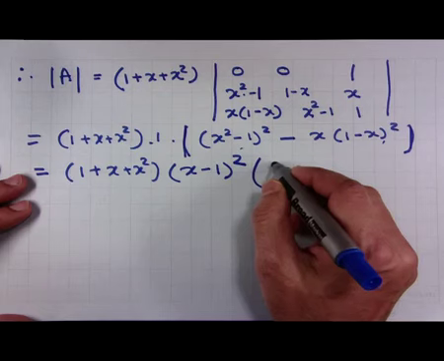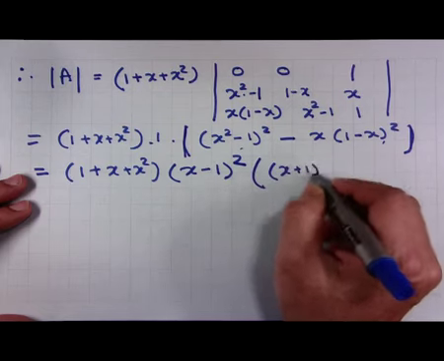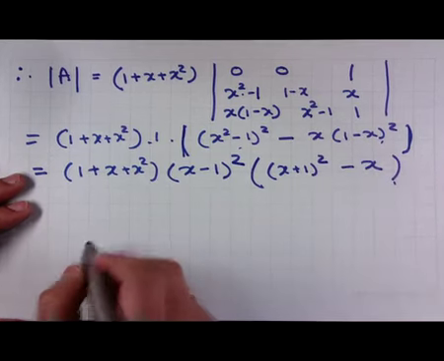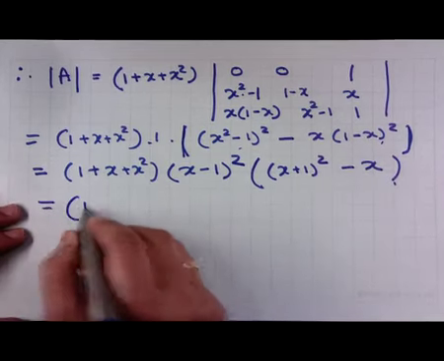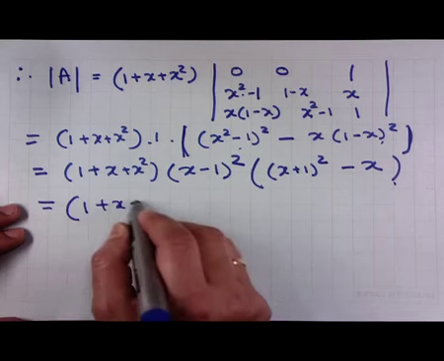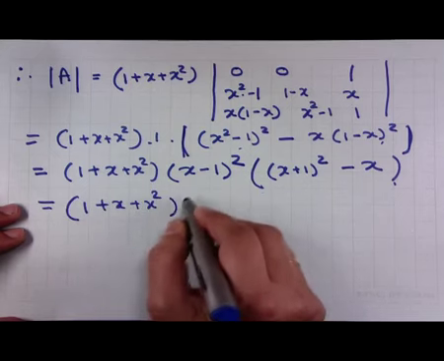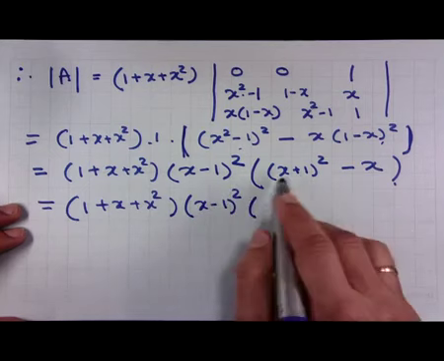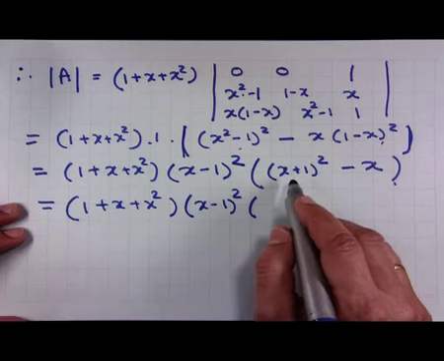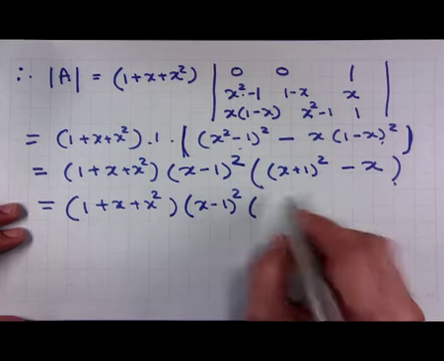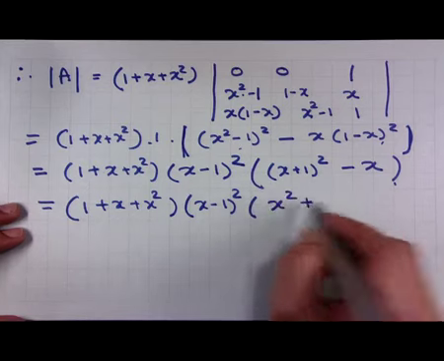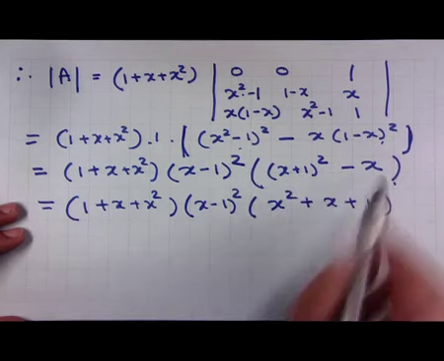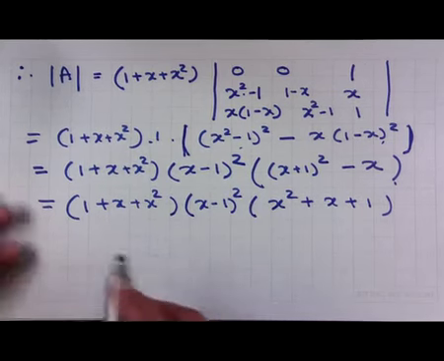We are left with x plus 1 whole square minus x, which is equal to 1 plus x square into x minus 1 whole square into this, which gives me x square plus x plus 1, because the 2x term will come and 1x is subtracted from there.